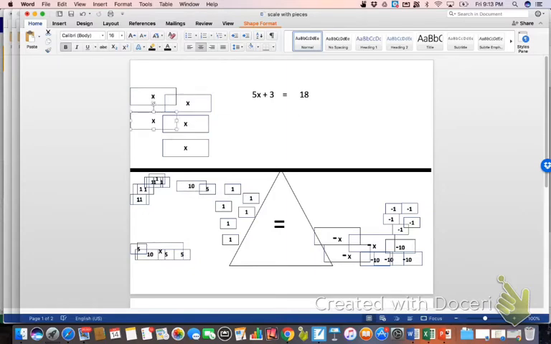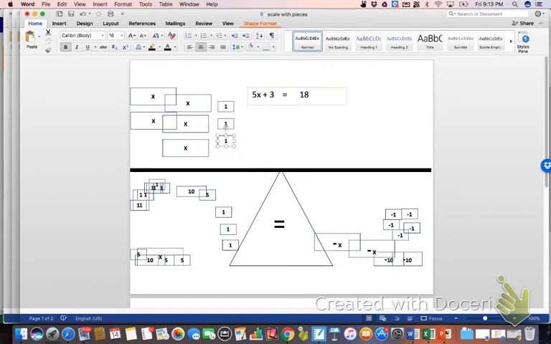Again, you can just draw those 5 boxes yourself. And then I also need 1, 2, and 3 units to represent the 3 that is also over there with those 5 x's. On the right-hand side, I've got an 18.